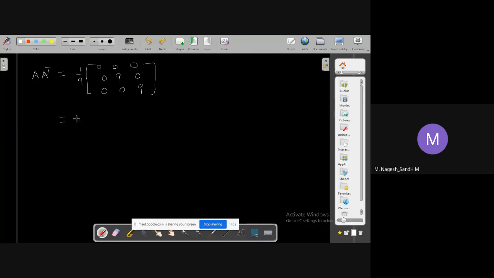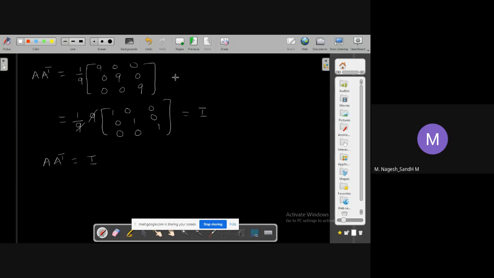Take 9 common. 1 by 9 into 9 common, what will we get? 100, 010, 001. So 9 gets cancelled. What is this value? 100, 010, 001. Can anyone say? I. Identity. So A transpose equal to identity.